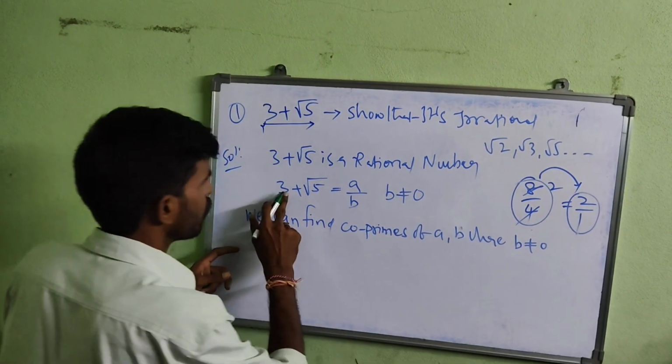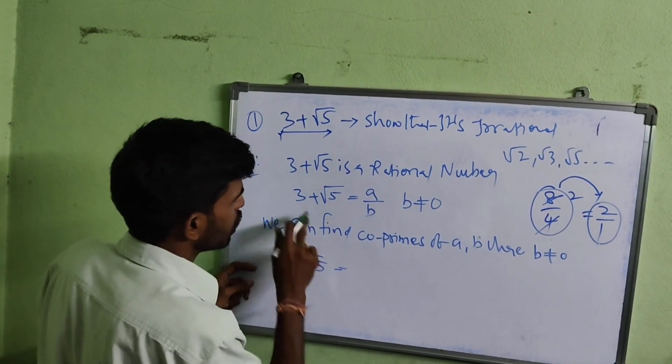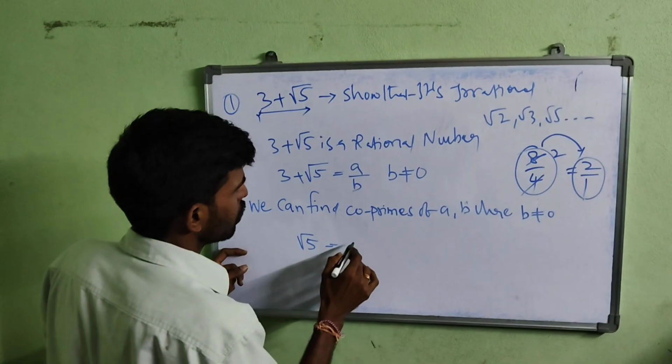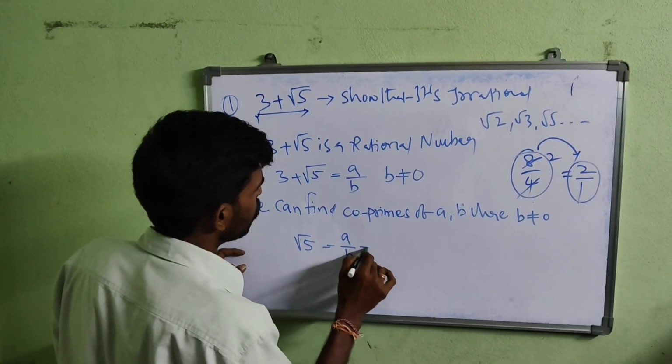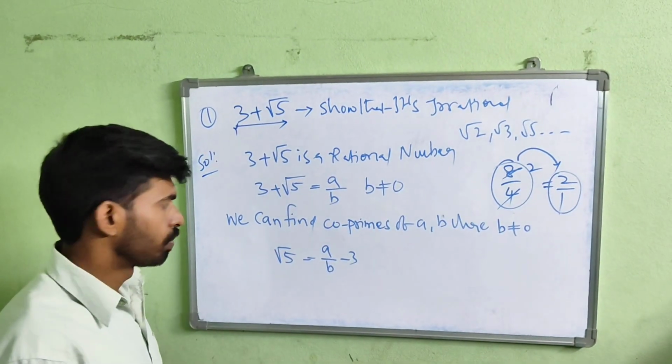Now if I take this value, root 5, towards the right side, it is a by b minus 3.